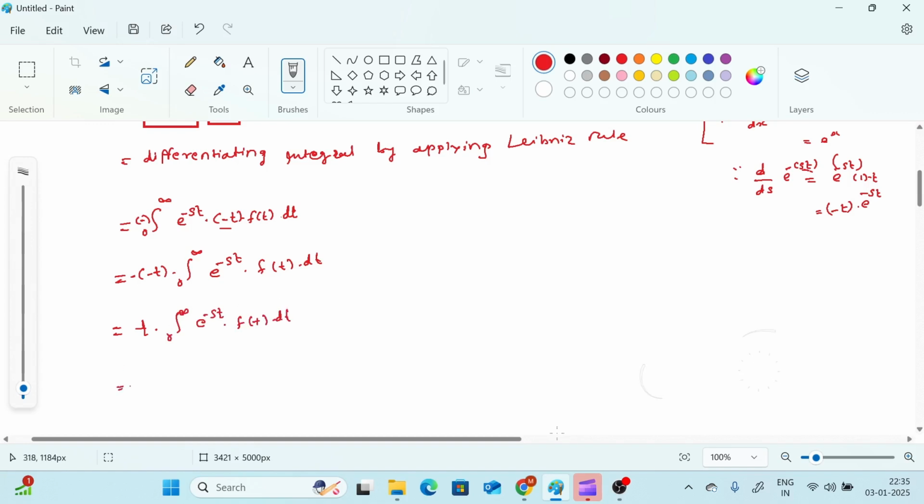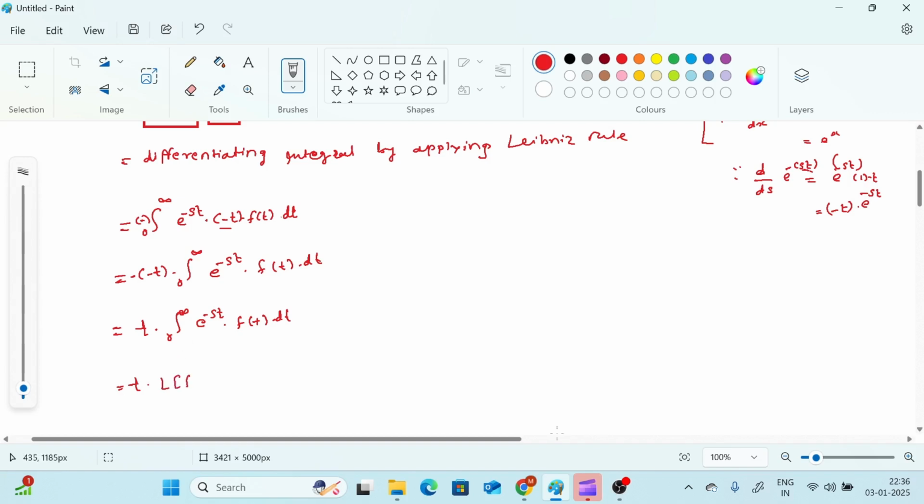So minus t into, at this place, what can I write?